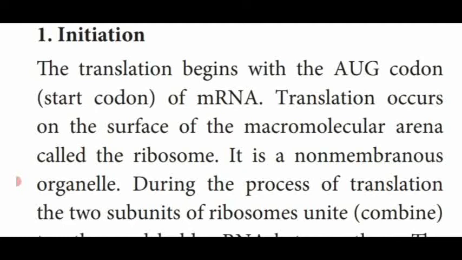One is the large unit, another one is the small unit. In the eukaryotic cell it contains 50S and 30S, that means Svedberg units. So the large unit is known as the macromolecular area of the ribosome. In this region only the translation process takes place.